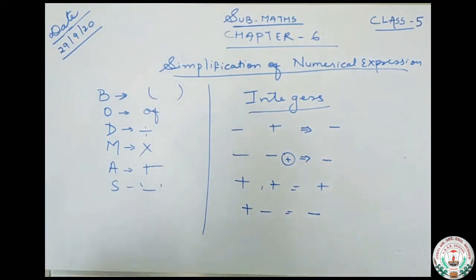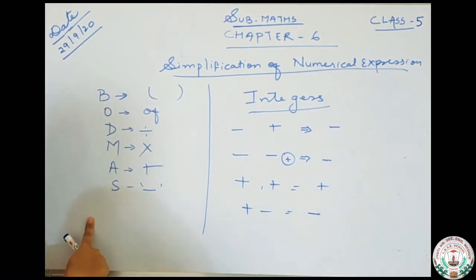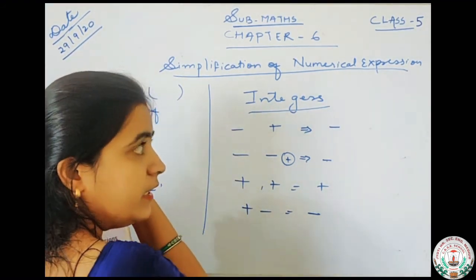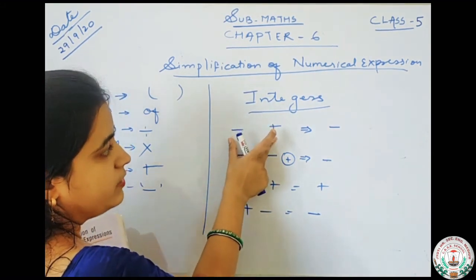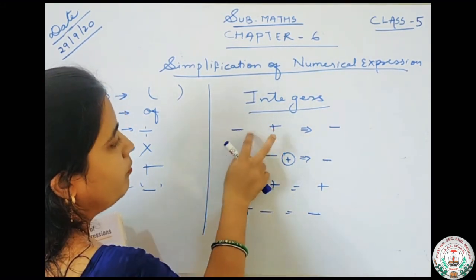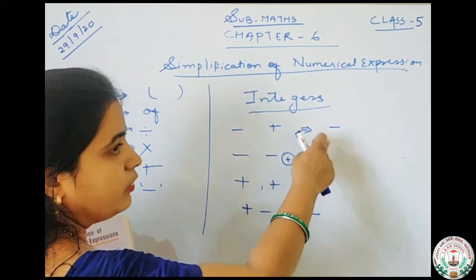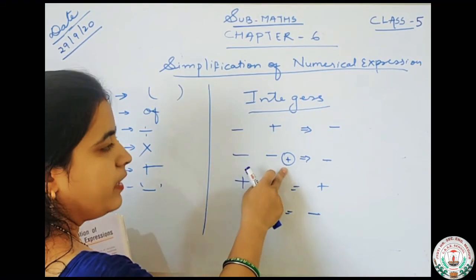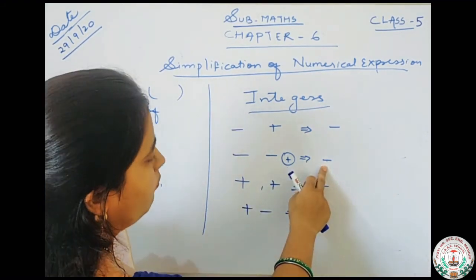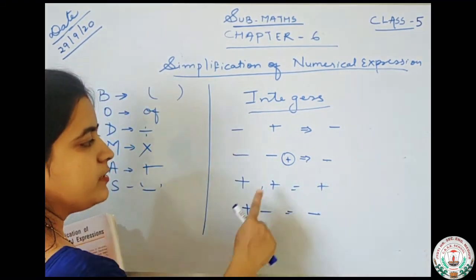What are the two things you have to remember while solving numerical expression simplification? First is the BODMAS rule and the next is integers. Okay. So plus minus, negative and positive signs are known as integers. Minus plus is minus, but you will put the greater number's sign. Minus minus is plus, but you will put the sign of minus. Plus plus is plus.